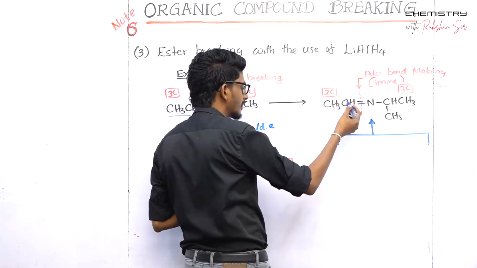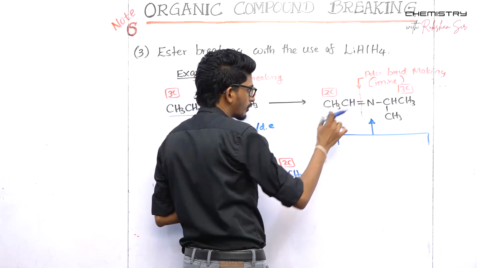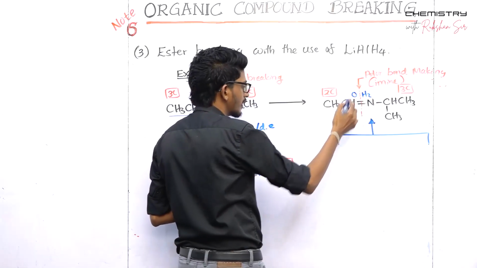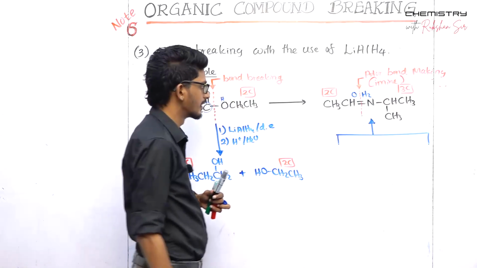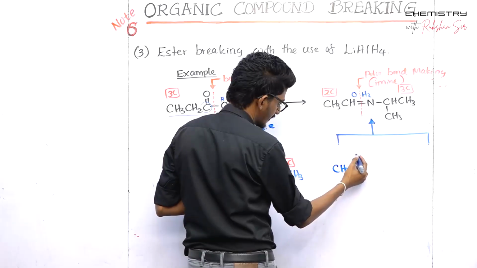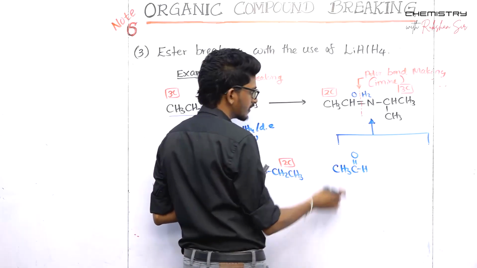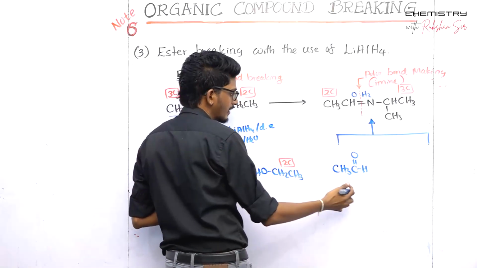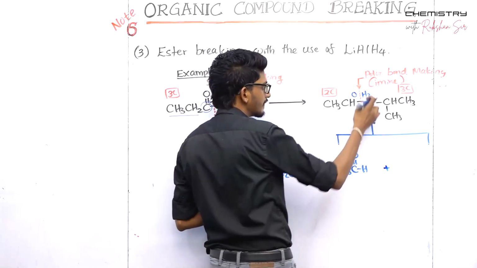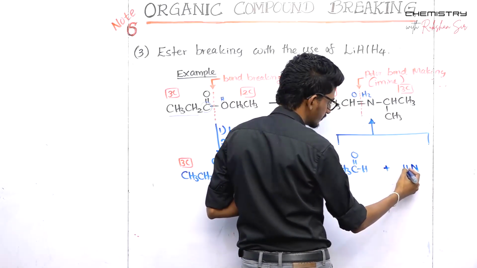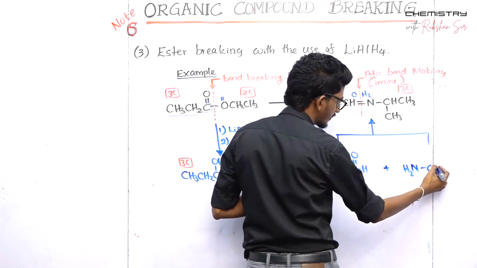For the imine bond, the smaller molecule is H2O, the 2 hydrogens coming from the nitrogen side and the oxygen coming from the carbon side.